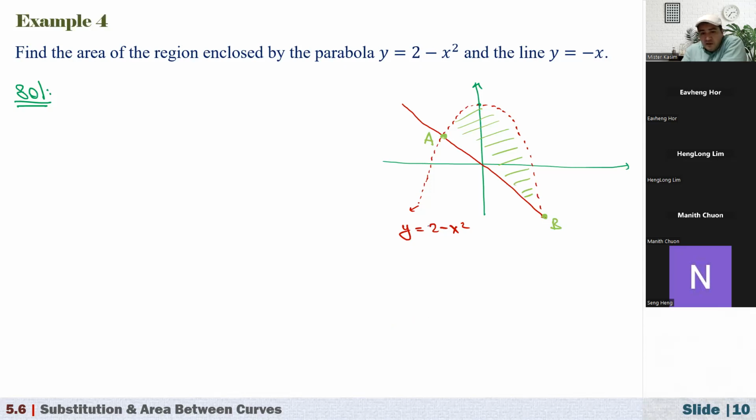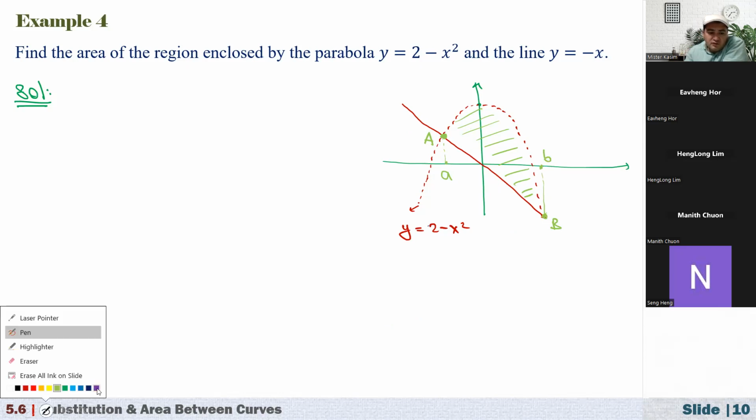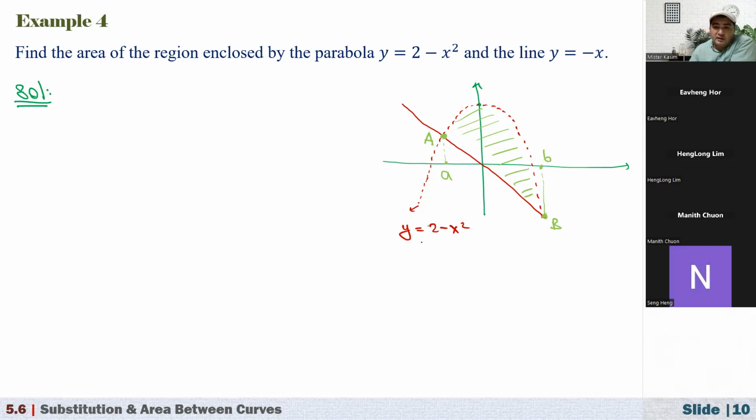To find this, using the previous theorem, first we have to find the x coordinate of A and also the x coordinate of B. They are just the intersection of these two curves, so we have to solve this equation. 2 minus x squared equals minus x.